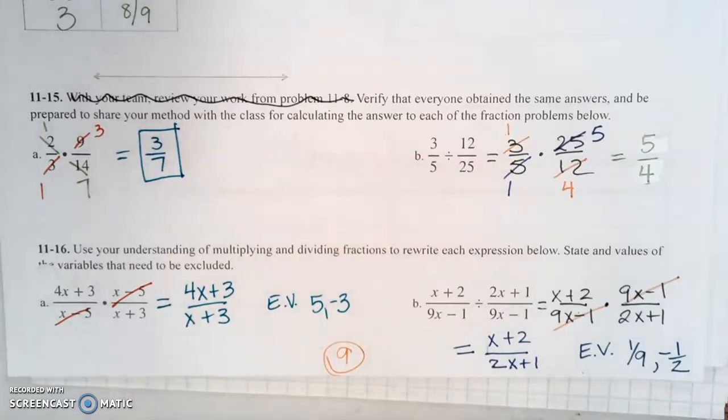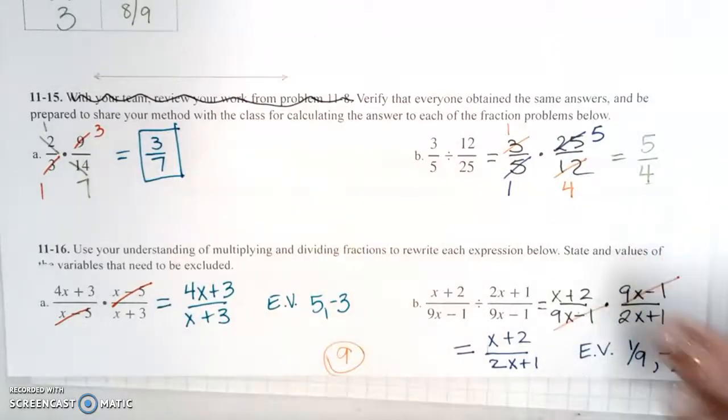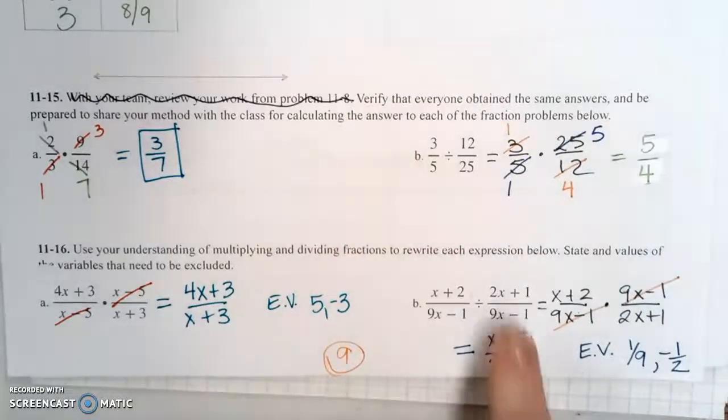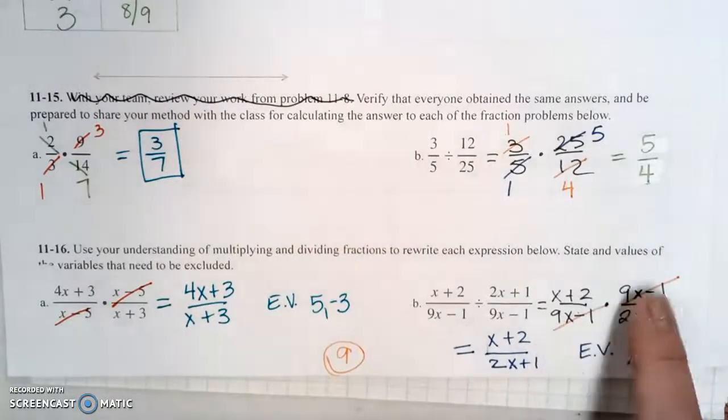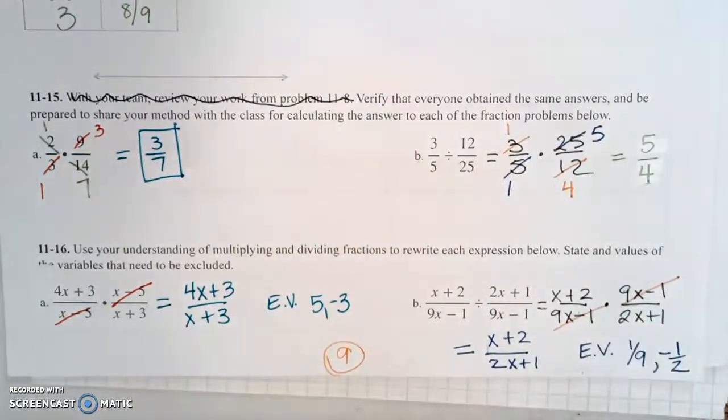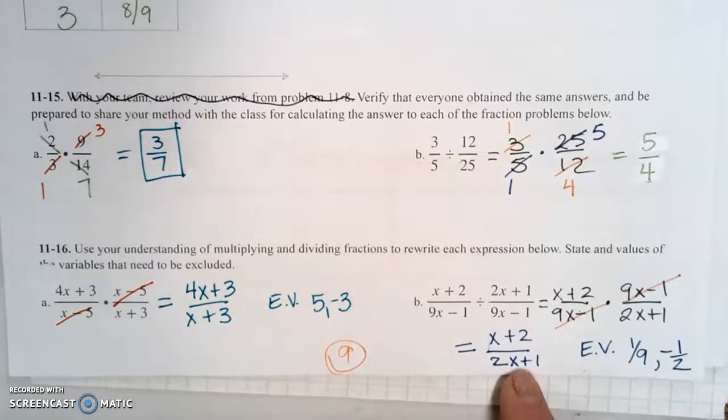And then part B, we're going to use the invert and multiply rule. So the first fraction stays the same. We change to multiplication. And then we invert or flip the second fraction, see if anything can cancel, which the 9x minus 1 and the 9x minus 1 can, leaving us with x plus 2 over 2x plus 1.